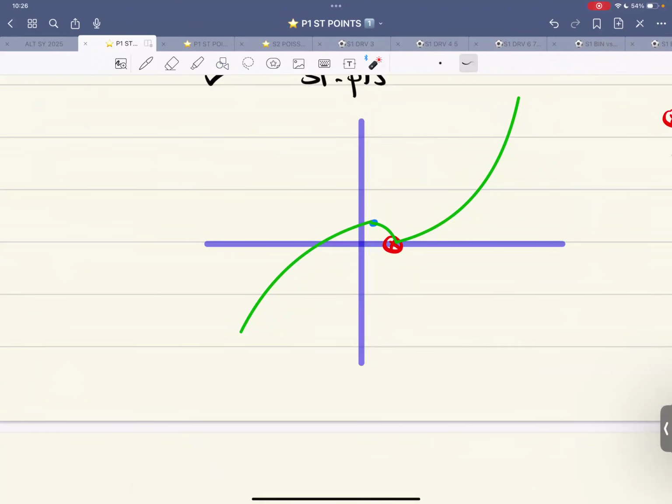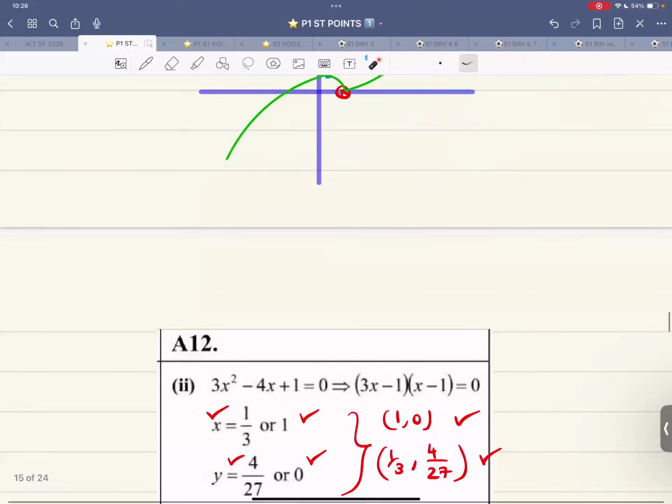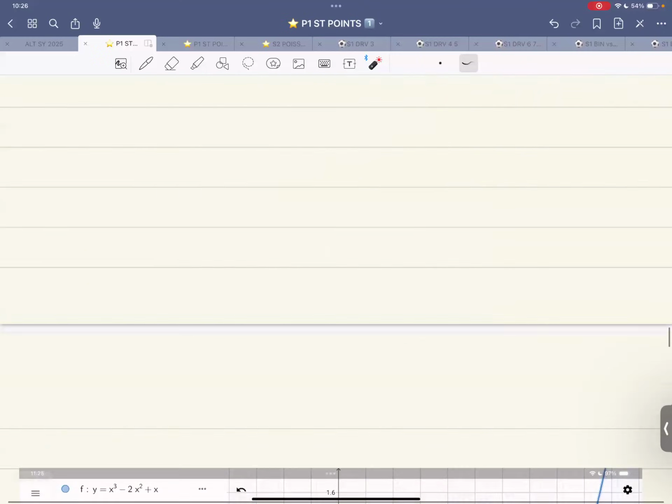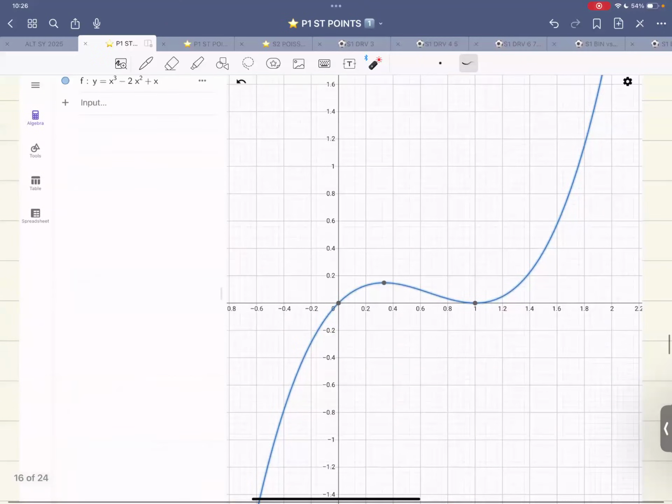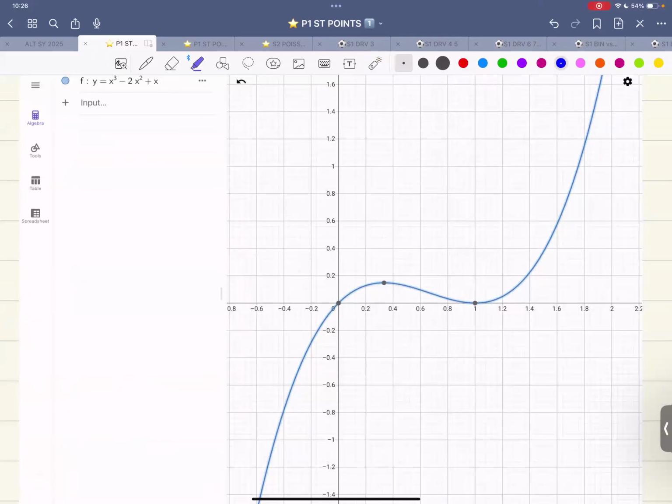All good, all clear? So now let me just show you this graph that I've drawn on the grid. So that is how these things are. This is the blue one. This is 1/3, 4 over 27. So let me write over here in blue color. This is a maximum point. This is 1/3, 4 over 27.